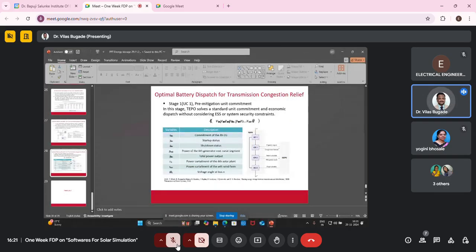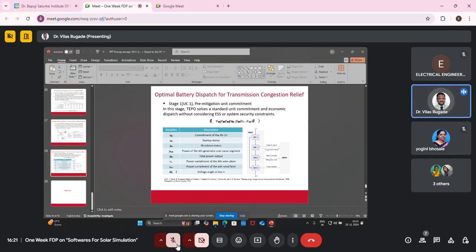Last is the optimal battery power dispatch for congestion relief. In this case, unit commitment and economic dispatch are important.